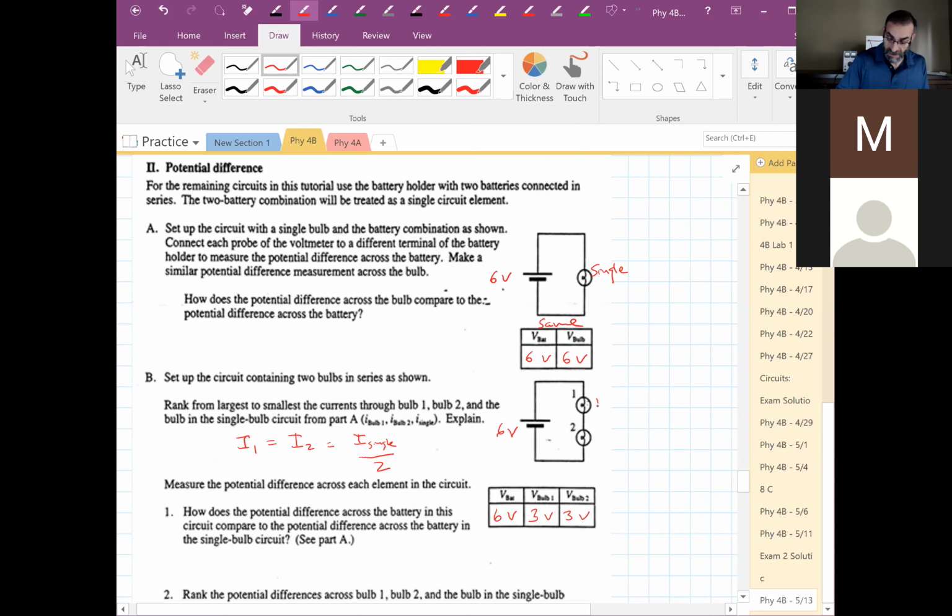If these two have the same resistance, then they're going to split the voltage equally, right? Because they both have the same current, right? We know they both have the same current. And what else do we know? V equals IR for a resistor. So if they both have the same current and they both have the same resistance, then the voltage has to be the same. So it has to be half of, there's two of them, half of the 6-volt battery.